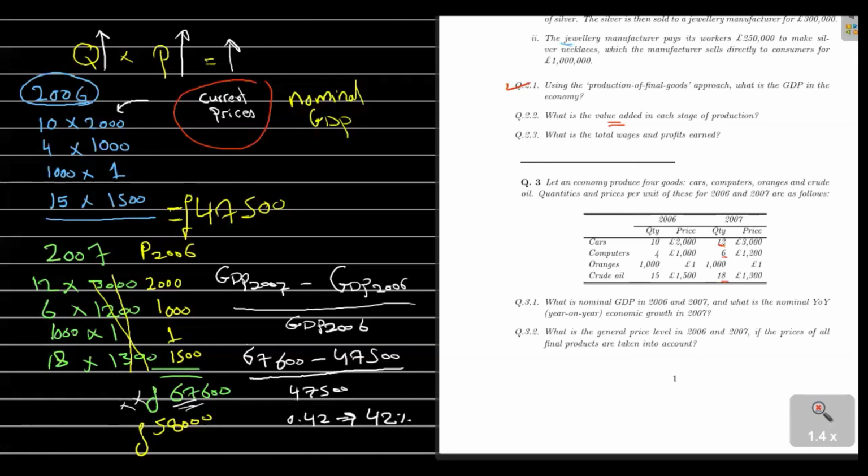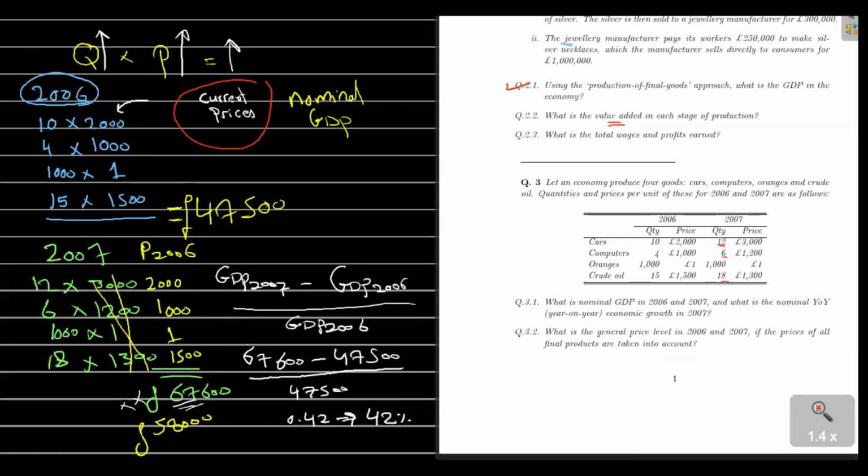The year whose prices you use is called the base year, because if you calculate real GDP in 2008, 2009, you need to be consistent. If you fix the prices of one year, then to make a meaningful comparison, you need to fix the prices for the whole series, just to see how much output changed.